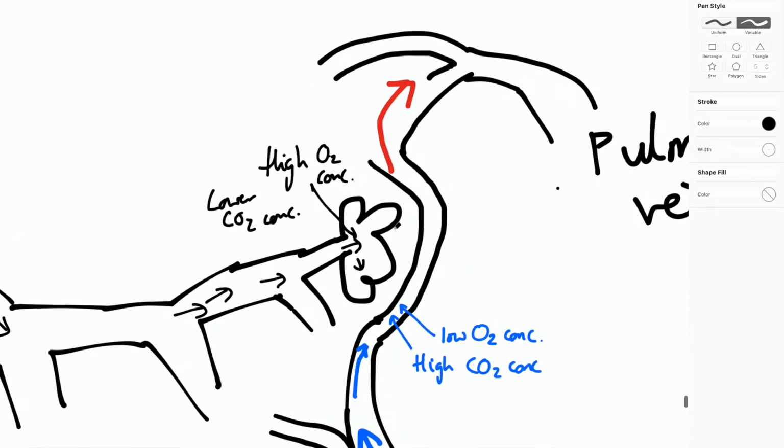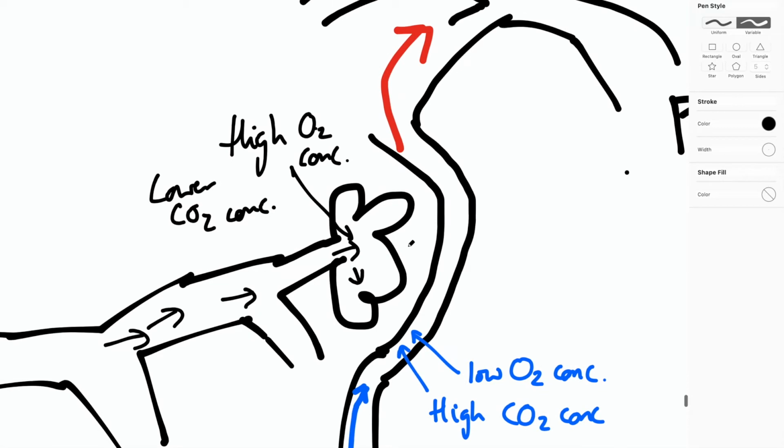So we're going to zoom back in. If you're listening to this, mentally zoom in close now to the capillary and the alveolus. Because oxygen is higher in the alveolus than the capillary, oxygen is going to diffuse into the capillary from the alveolus.